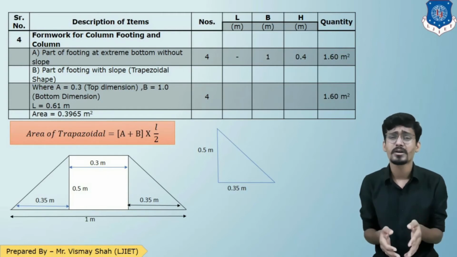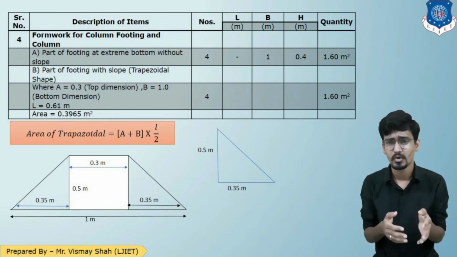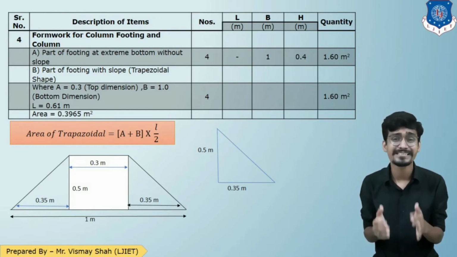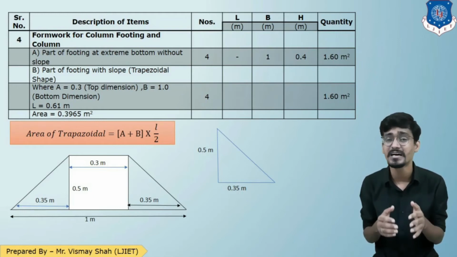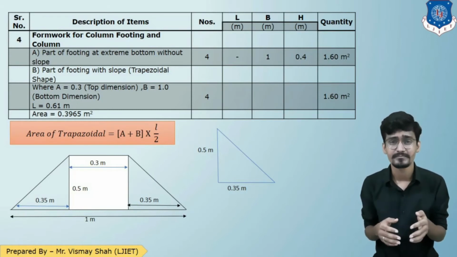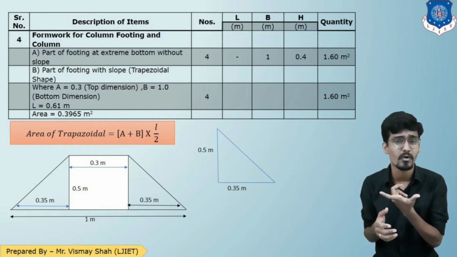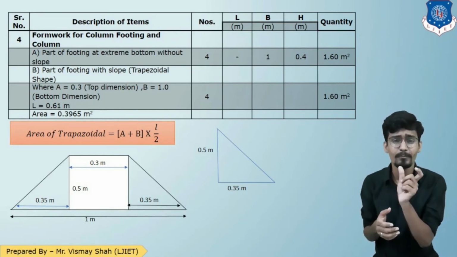Now, talking about the trapezoidal portion, the area of that trapezoidal portion is A plus B into L by 2, where L is the slant length of the trapezoidal. Now, to get the slant length of the trapezoidal, let us understand this figure. As you can see in the figure, the bottom portion was of 1 meter, the top portion was of 0.3 meter.